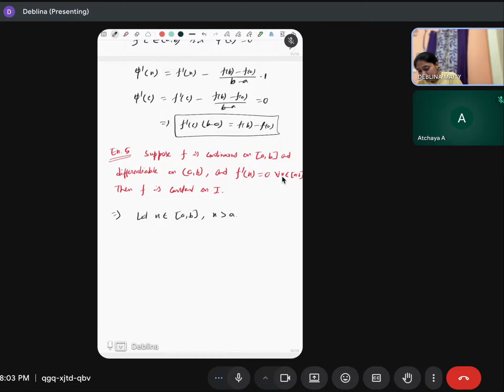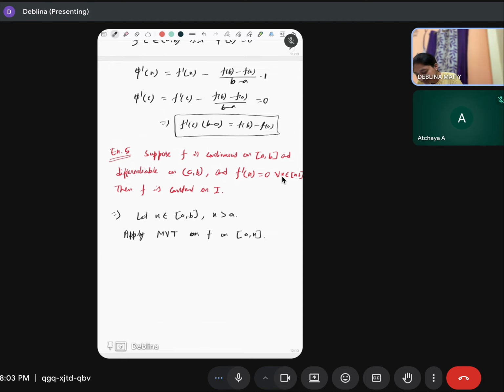Then we apply the mean value theorem on this function f on the interval a to x.